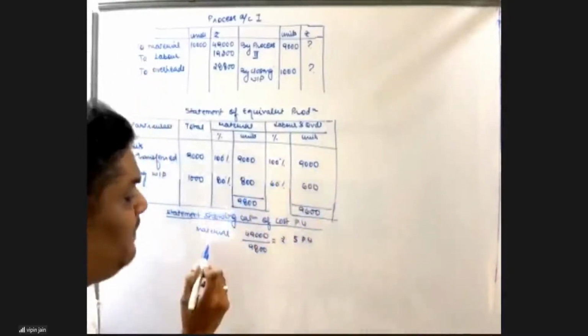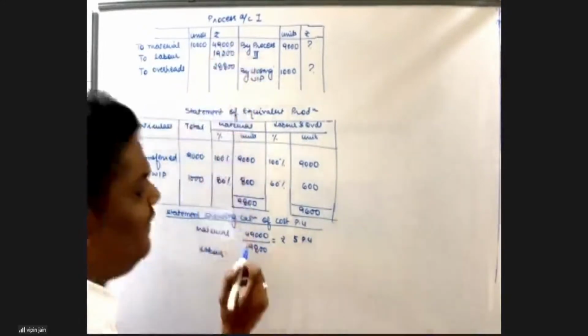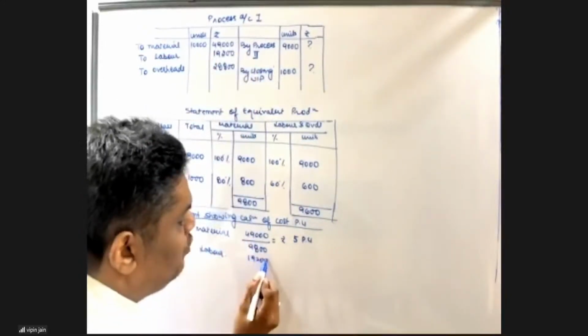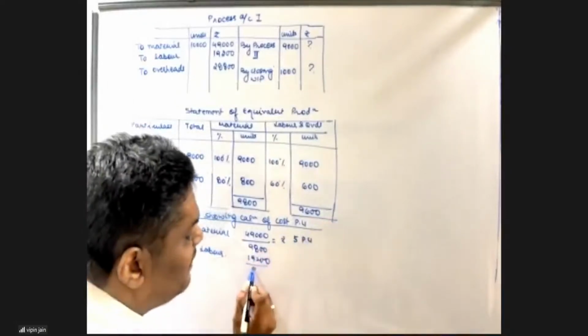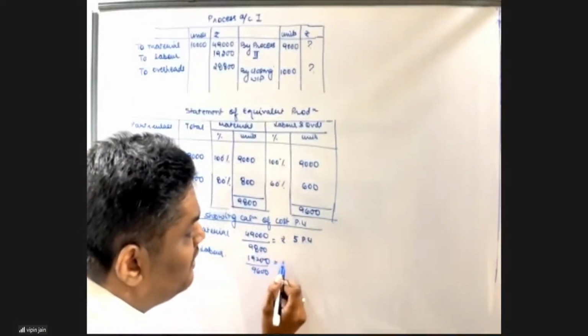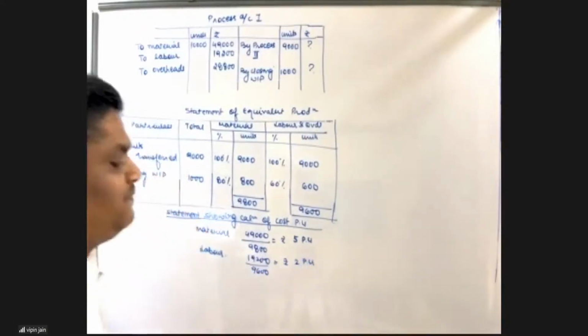In respect of labor also, my cost of labor is how much? 19,200. And the equivalent number of units that are 100% complete is 9,600. So my cost per unit will be rupees 2 per unit.